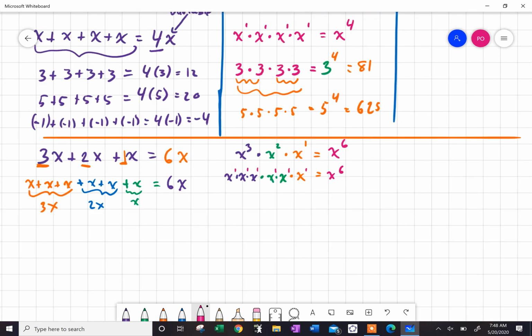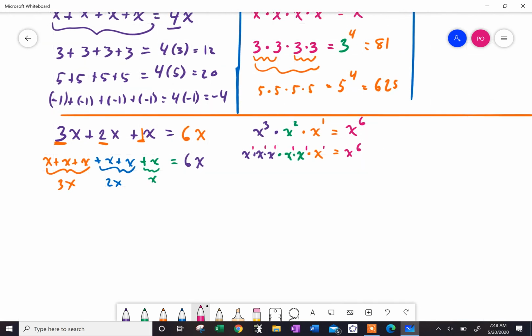Now, I'm going to do one last one which kind of molds both of them together. What if I had 3x squared, actually I'm going to do 2, plus 2x squared. Well, here, what do we actually have? I have repeated addition, x squared plus x squared plus x squared.